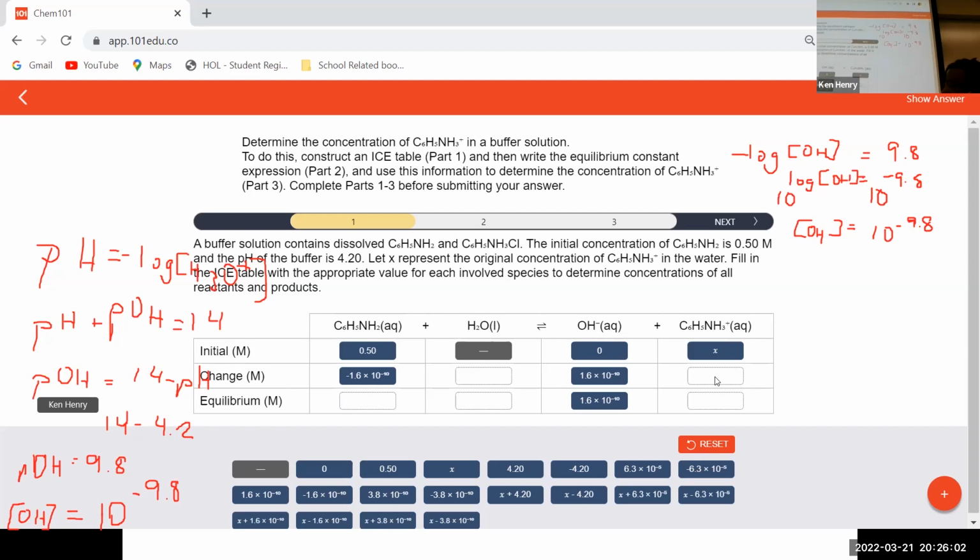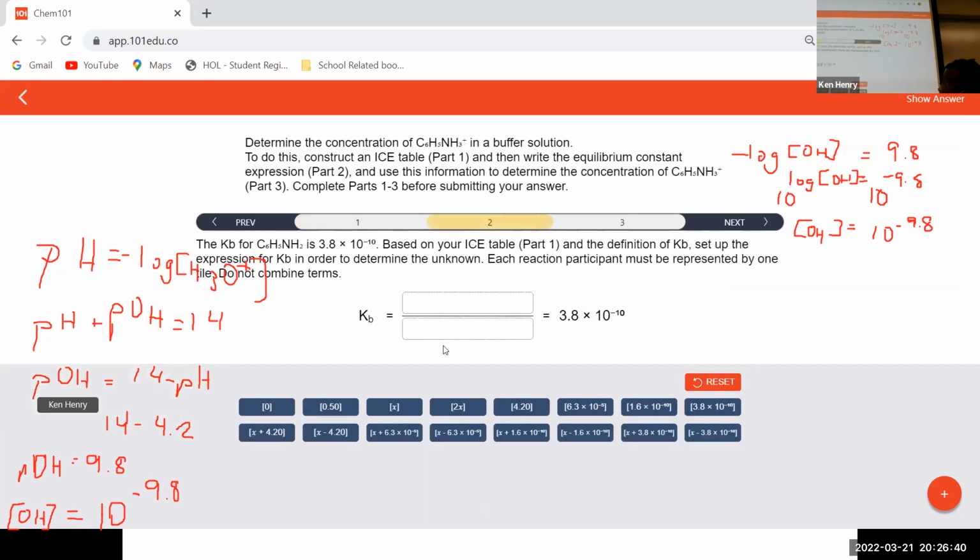The change. So then I need to put this as change, right? Okay, so if I do this, I have to put dashes here. Okay, so that's the first part. Okay, so my equation.